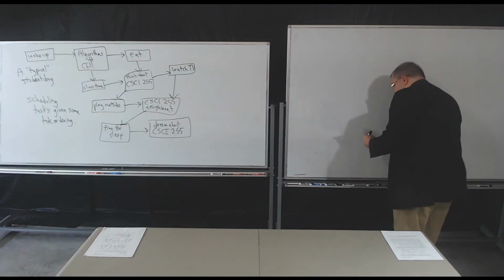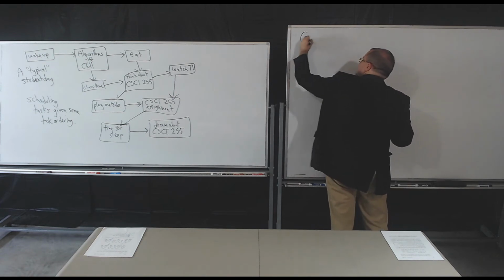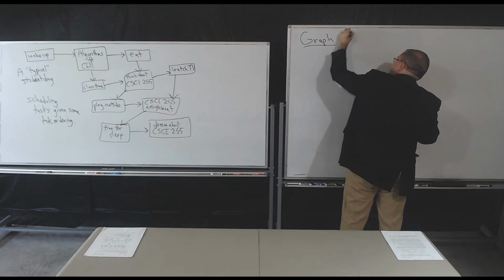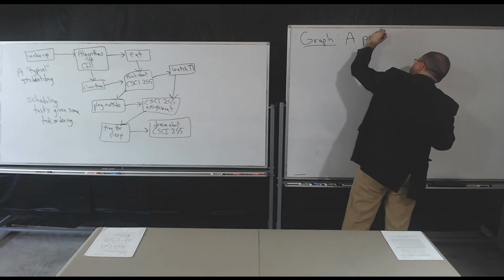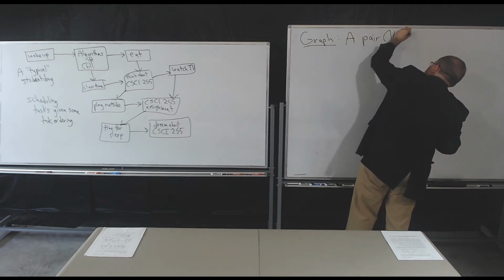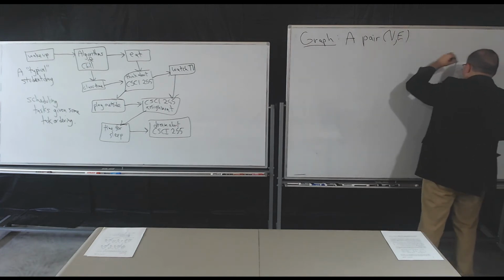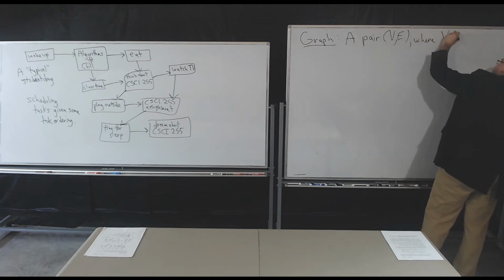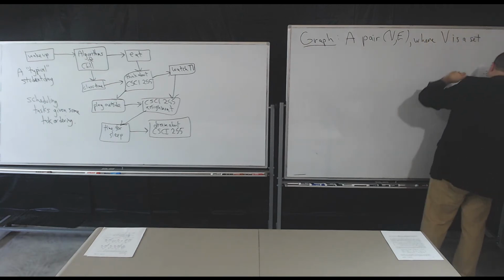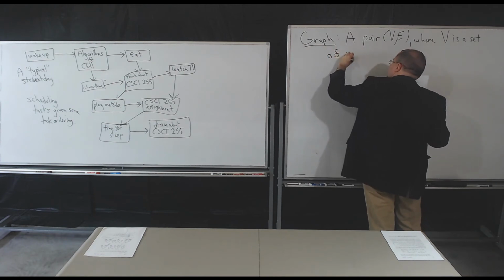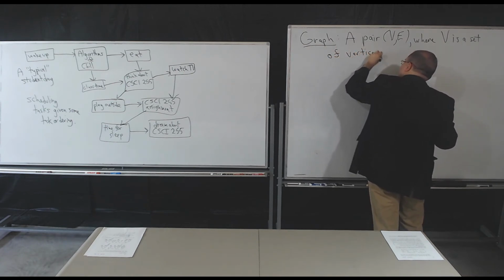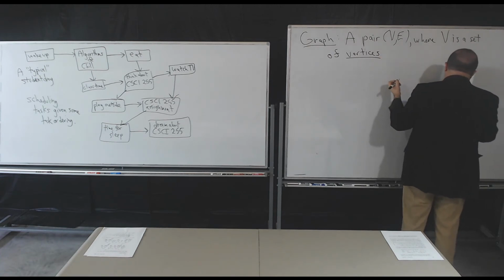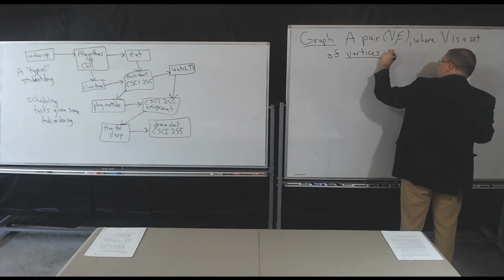So here's the definition of a graph. A graph is a pair (V, E), capital V, capital E, where V is a set of vertices, where singular is vertex, or you can also call them nodes.